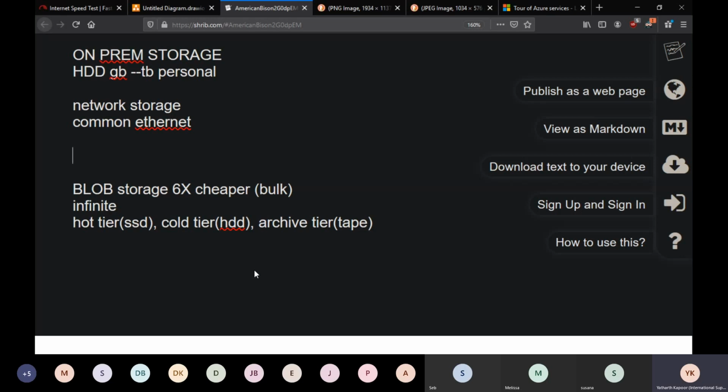Technically, if your data moves to archive tier, as a user you have a waiting period of 6 hours. If you want to access that data again, you have to request it, come back after 6 hours, then take your data, because from archive it will be moved to hot tier for you.